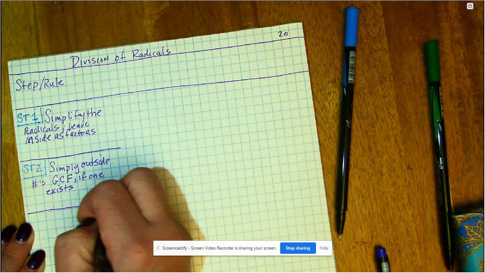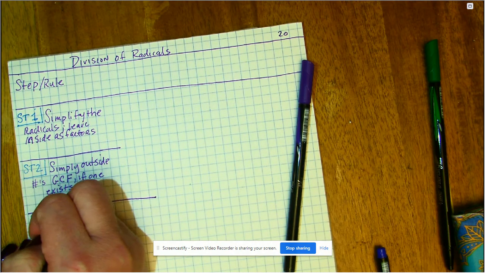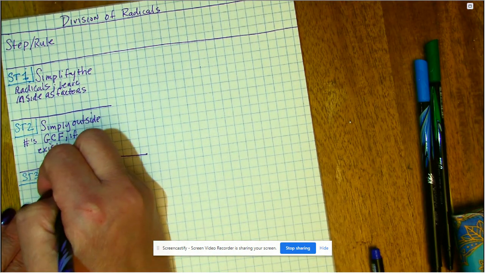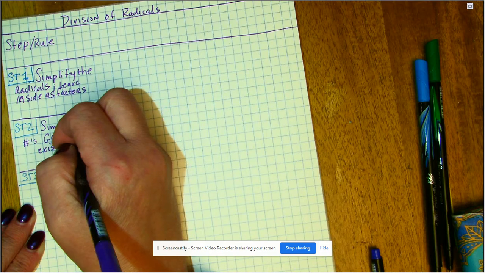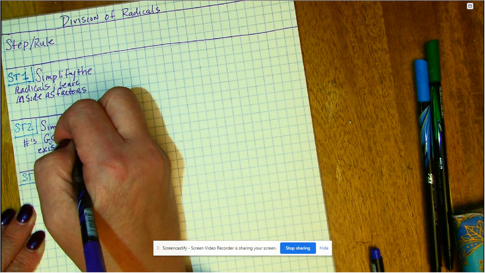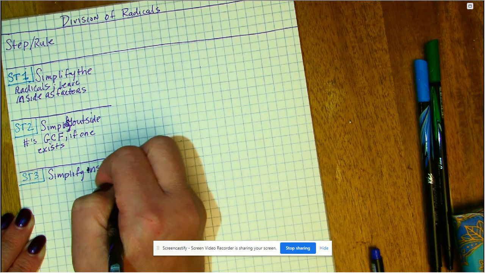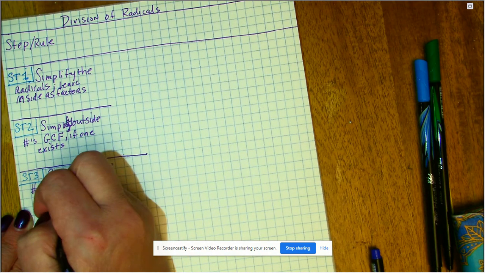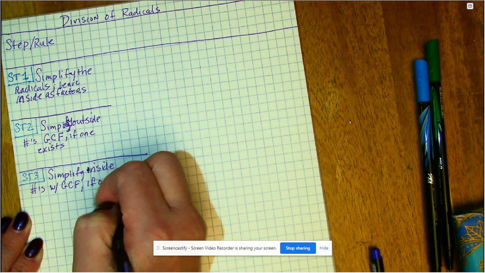So step 3, simplify inside numbers with greatest common factor if one exists.